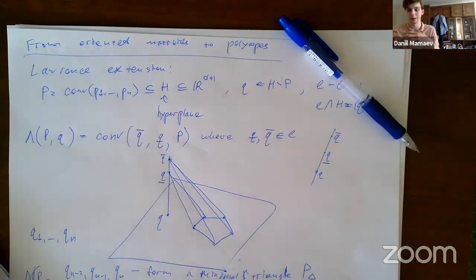So to get the estimate 4, you need to do it from the very beginning without oriented matroids.